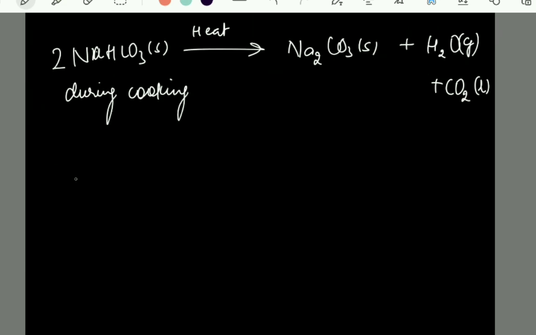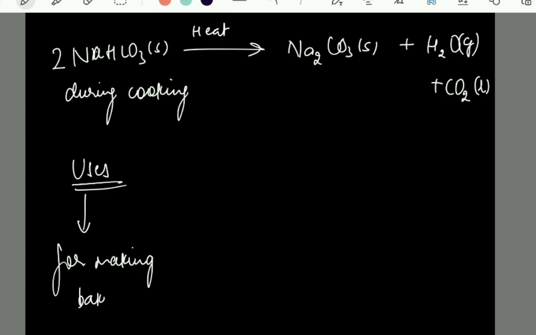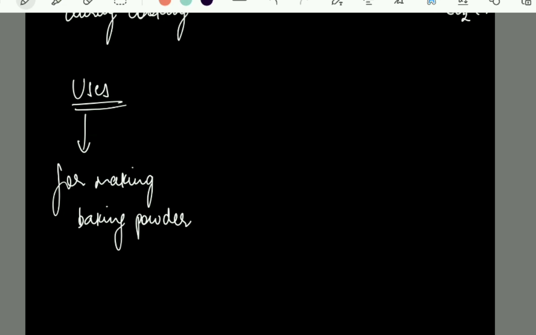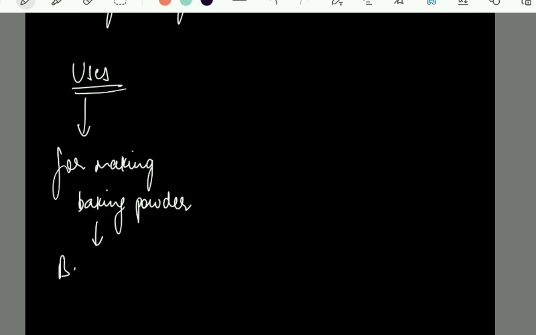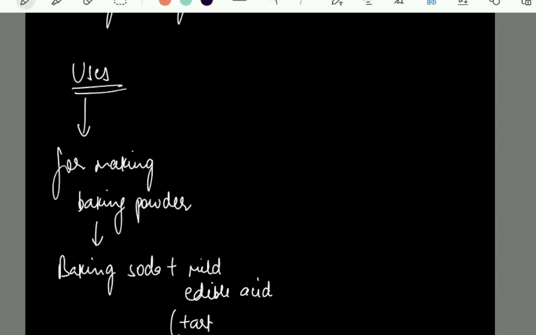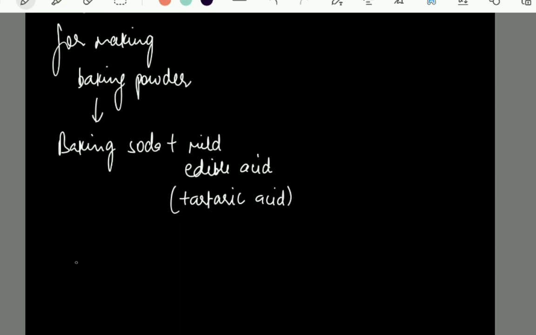Now coming to the uses part. Uses for making baking powder. Baking powder is a mixture of baking soda and some mild edible acid. We can take an example of tartaric acid. The formula I'm not writing over here, we don't need to complicate the reaction.